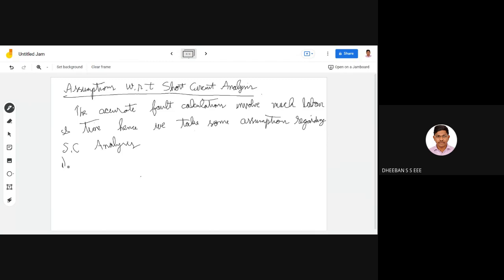First point: each synchronous machine model is represented by an EMF behind a reactance.